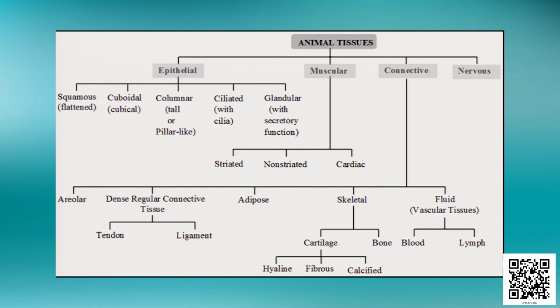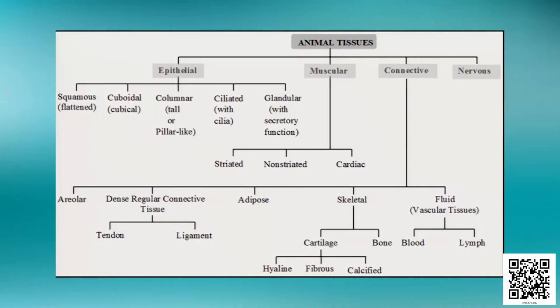So till now we have learnt that animal tissue is divided into 4 categories: epithelial, muscular, connective and nervous. Epithelial is again divided into squamous, cuboidal, columnar, ciliated and glandular. Muscular tissue is of 3 types.